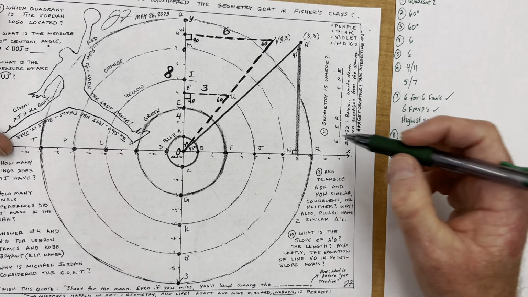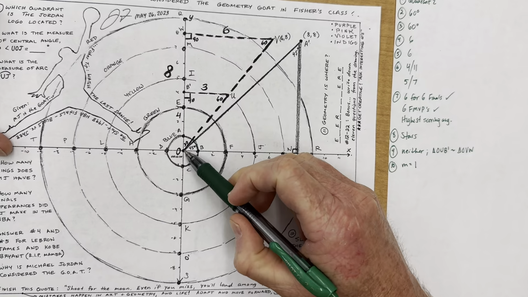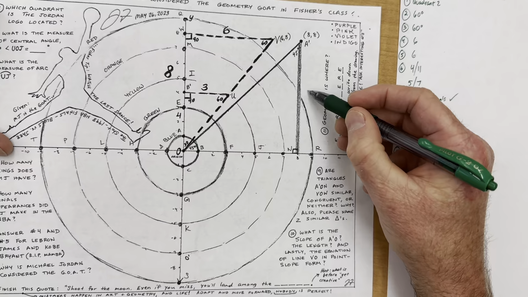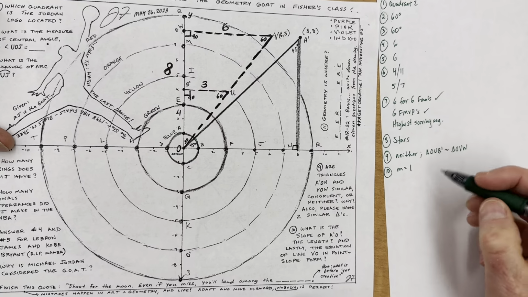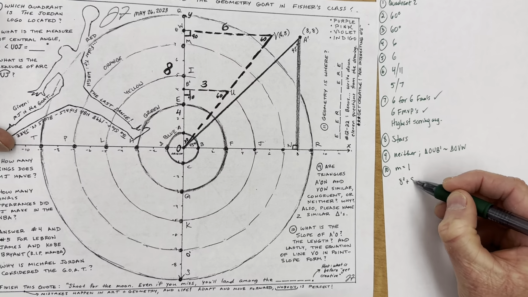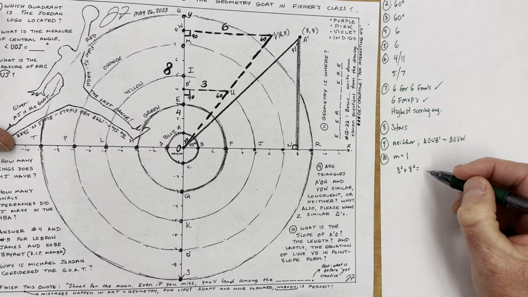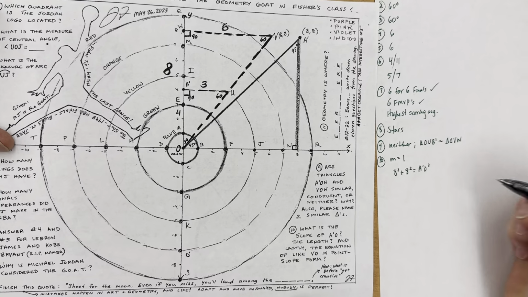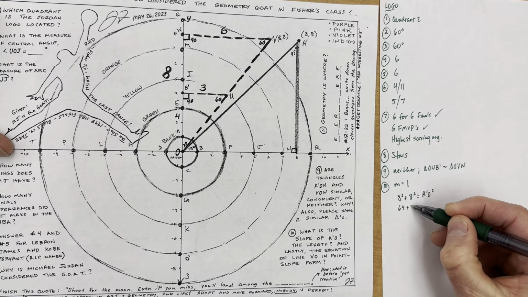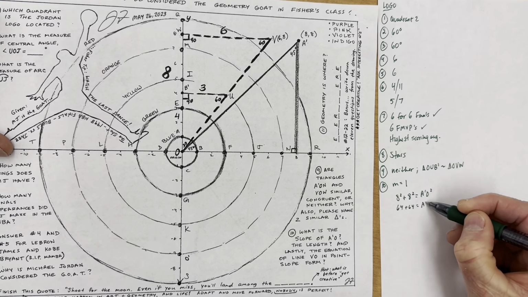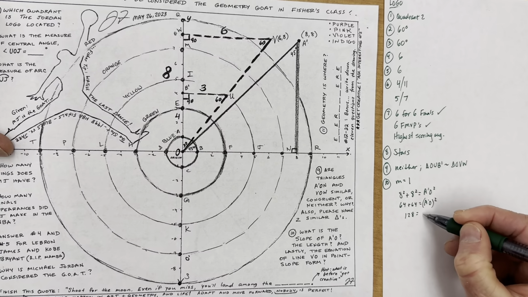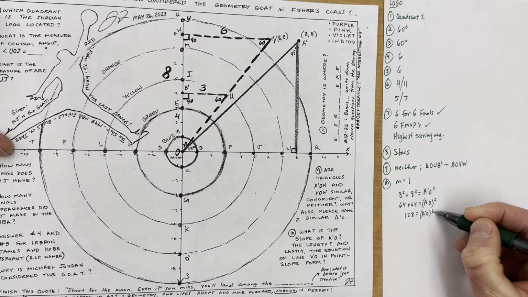What's the length? So how could you find the length of A prime O? Well, you've got 8 and 8. So you'd run the Pythagorean theorem. So 8 squared plus 8 squared equals A prime O squared. So 64 plus 64 equals A prime O squared. 128 equals A prime O squared.